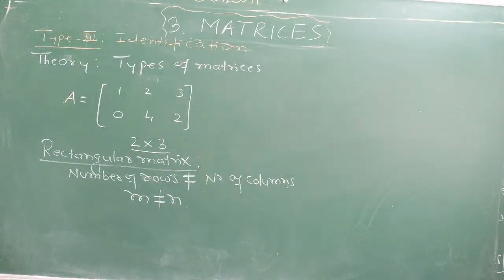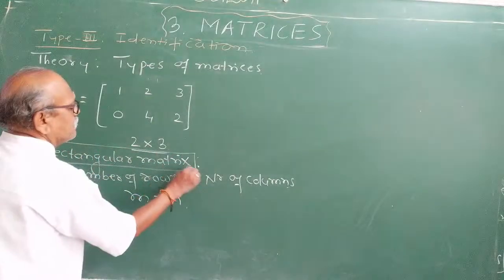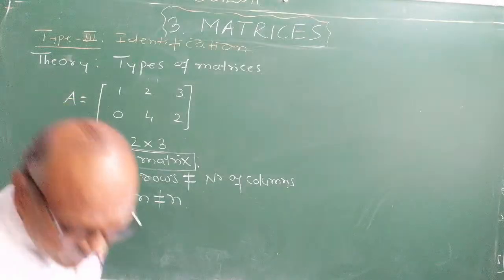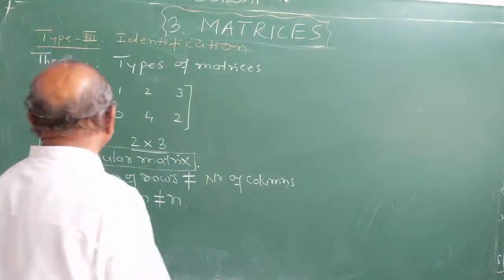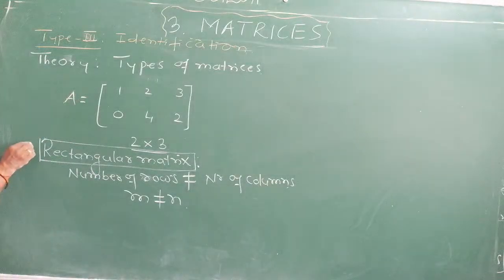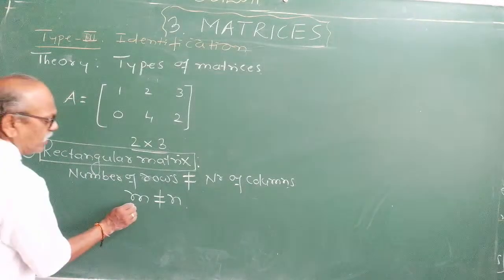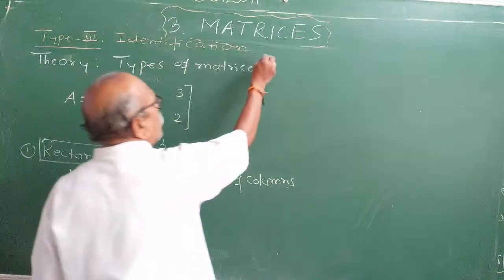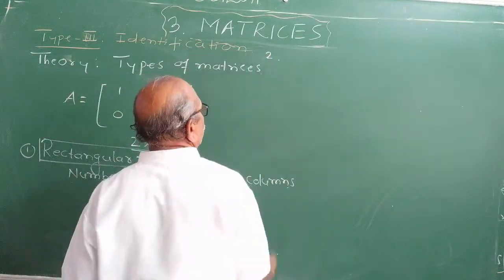If m is not equal to n, then the matrix is said to be a rectangular matrix. Remembering it is very important, right? The first type of matrix is the rectangular matrix. If a matrix contains an unequal number of rows and columns, m by n, then it is called a rectangular matrix.